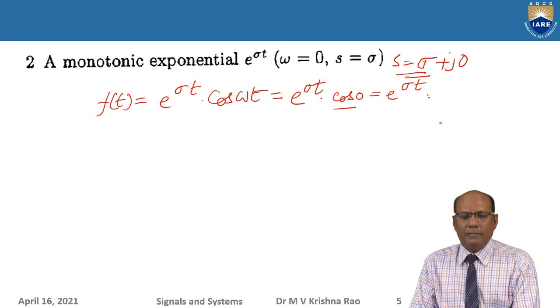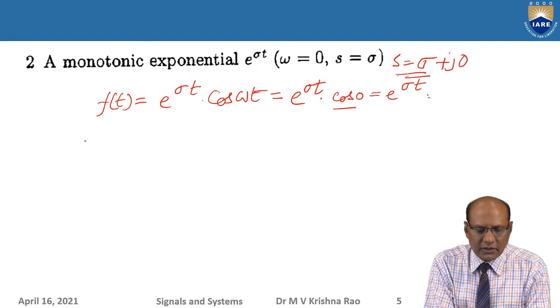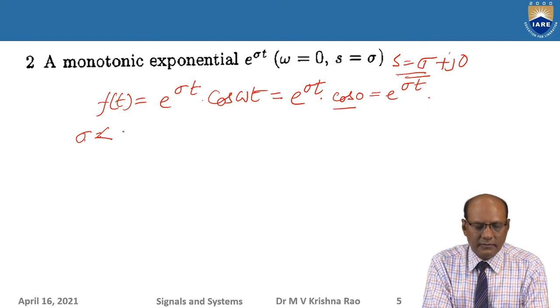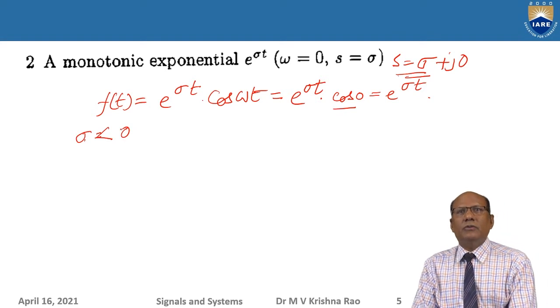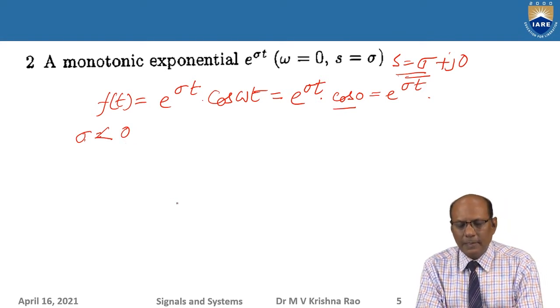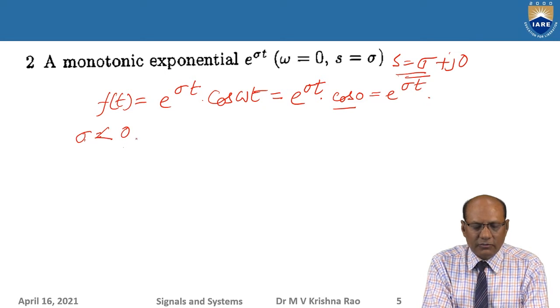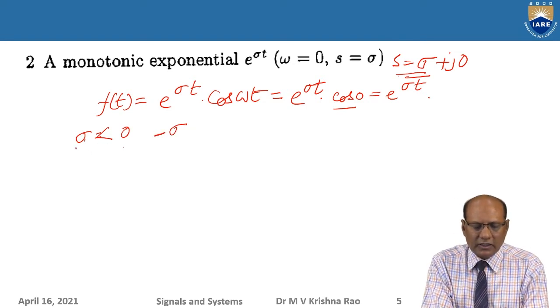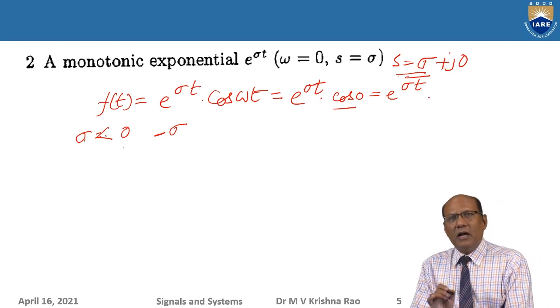So, what is its nature? It depends on the sigma value. If sigma is less than 0, means negative, I can put a sign for this. I can put minus sigma. Some value will be there here. Let us say it is sigma value, but less than 0.